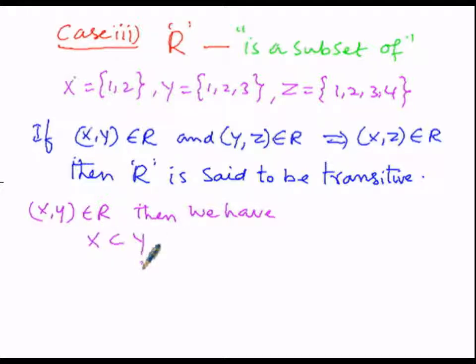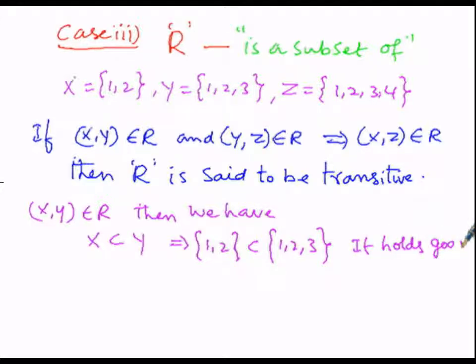So x elements, 1 comma 2, subset of y elements, 1 comma 2 comma 3. Here the elements in the first set, 1 comma 2, are also the elements of the second set. Therefore the first set, x, is a subset of the second set, so it holds good.